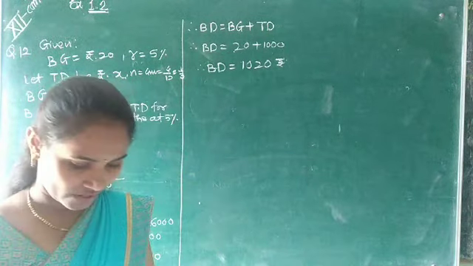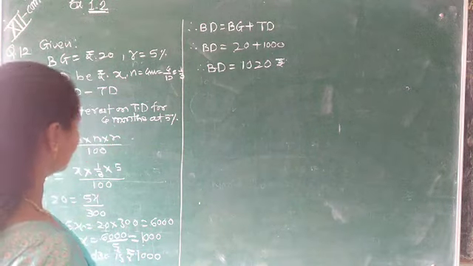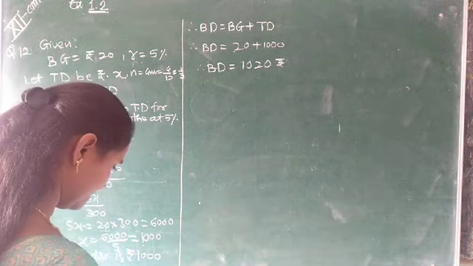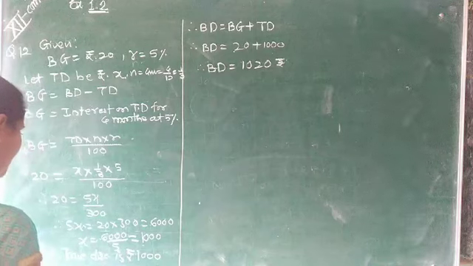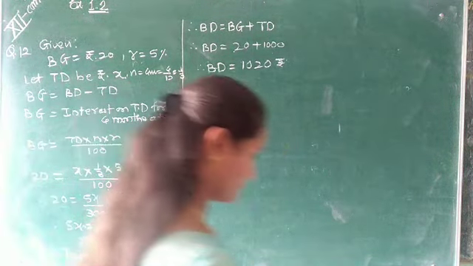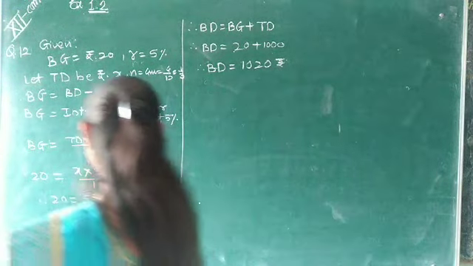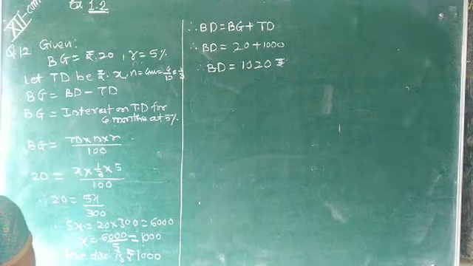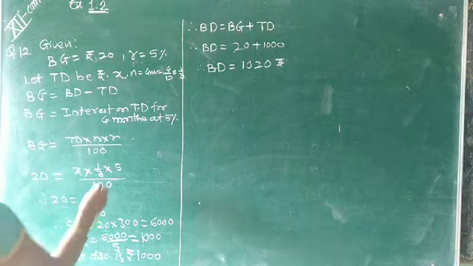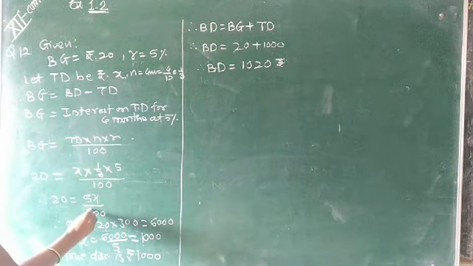Next, one more value we are going to find here. Since here, check this, 20 is equal to 5x upon 300.